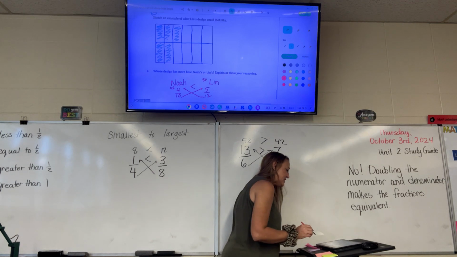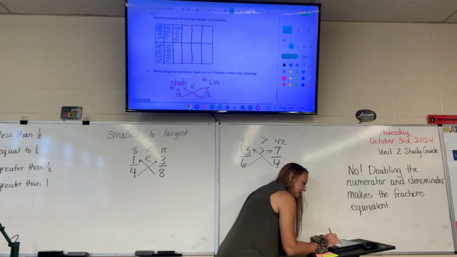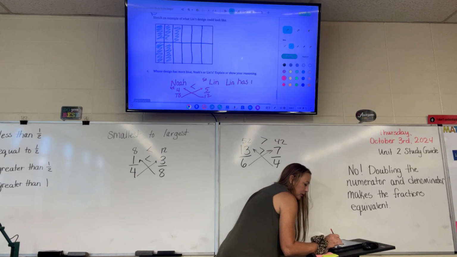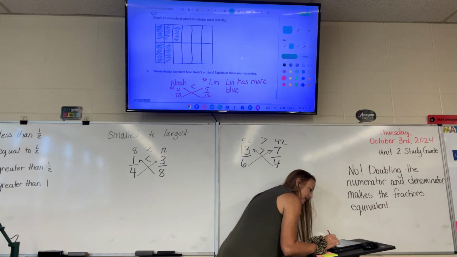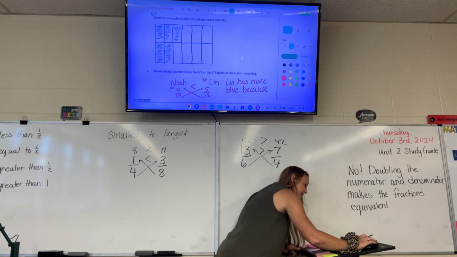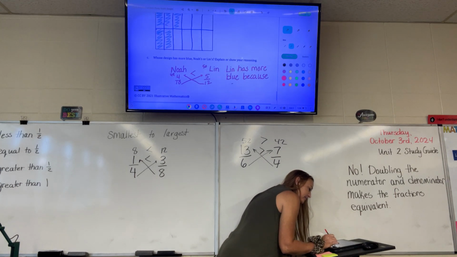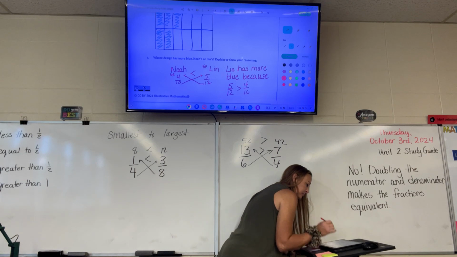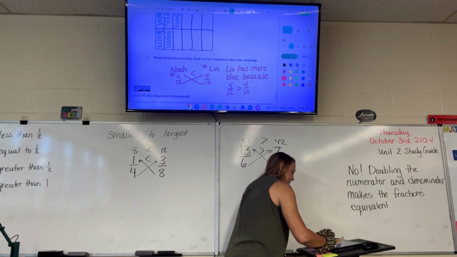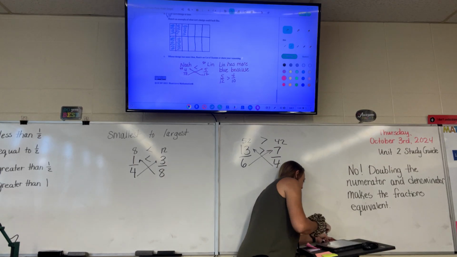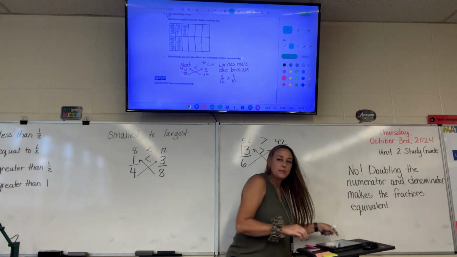So since 50 is bigger, Lynn has more blue because 5/12, that's Lynn's number, is greater than 4/10. And that is it. Let me stop this.